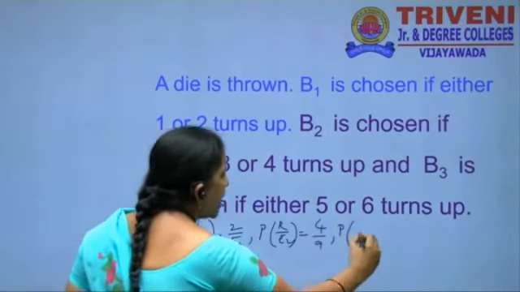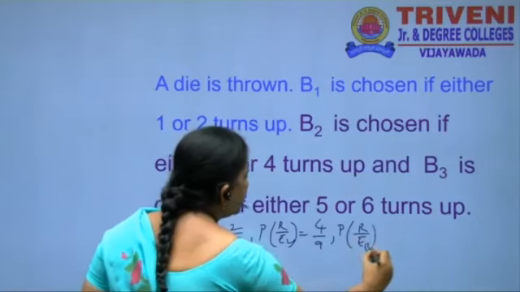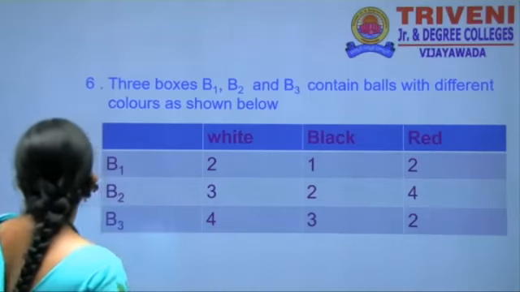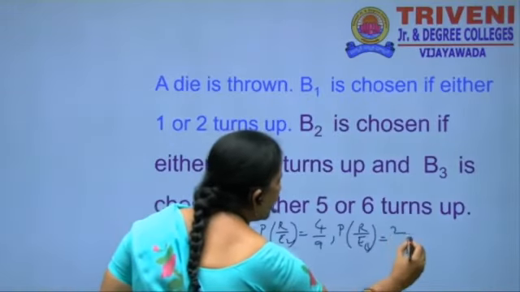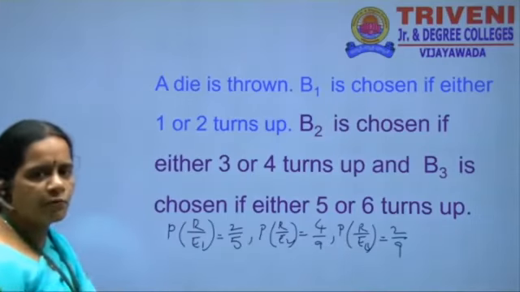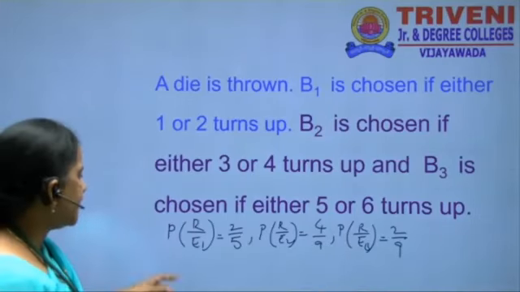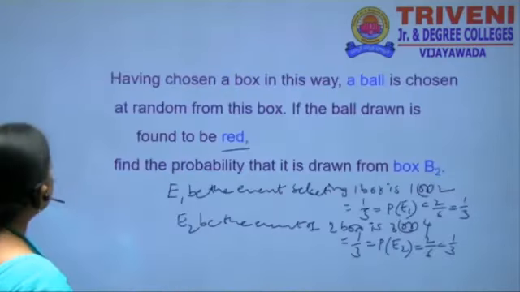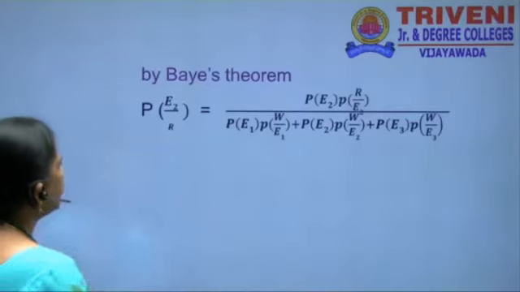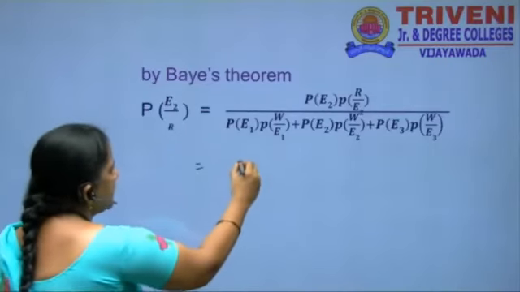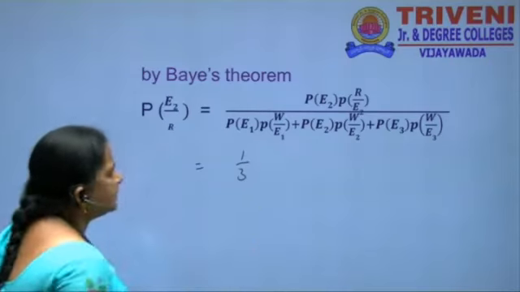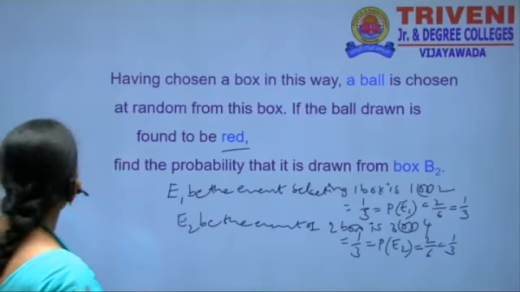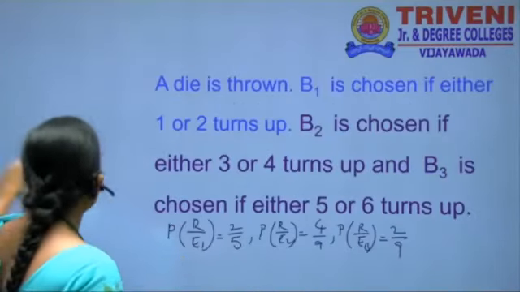And P(R|E3): the third bag has 2 red balls, total 9, that will be written as 2 by 9. We know the values of P(E1), P(E2), P(E3) and P(R|E1), P(R|E2) and P(R|E3), so by using the Bayes theorem, substituting the values here, P(E1) is equal to 1 by 3 and P(R|E2) is 4 by 9.